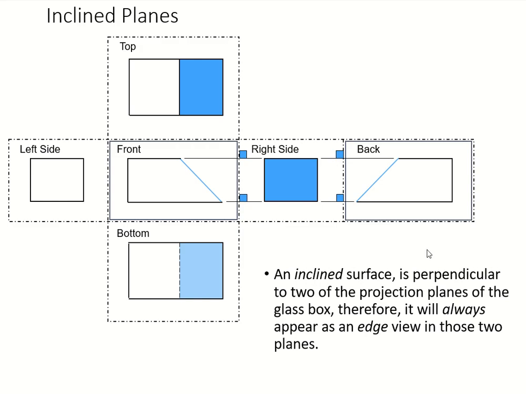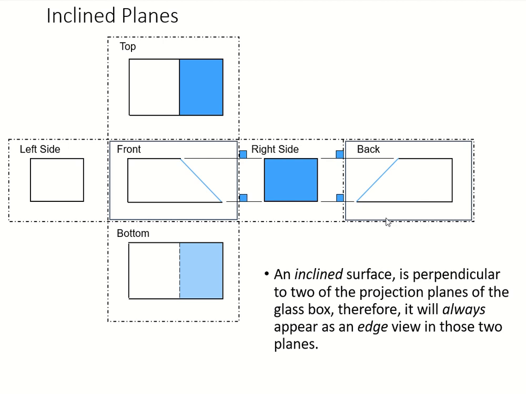All right, so out of the six views, when you deal with the inclined surface, you can see your right side view is the inclined one. All the blue colors are your inclined surface. And it is definitely perpendicular to two of your projection planes, okay?